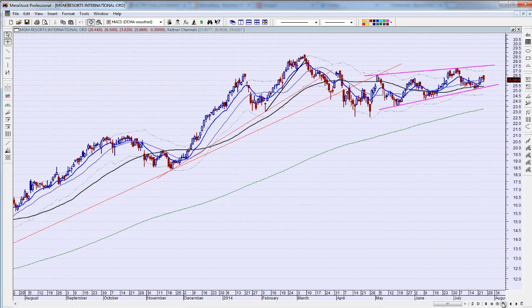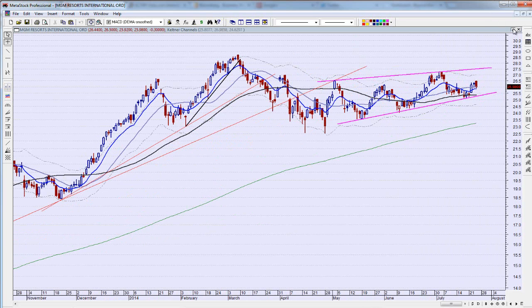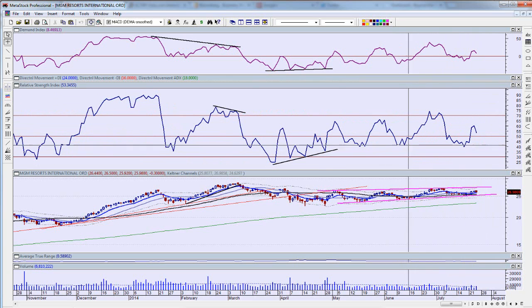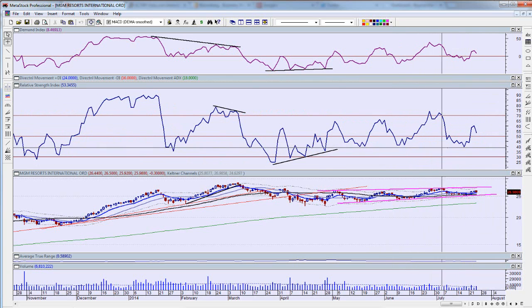Let's take a look at the indicators to see if they're giving us any better picture. They're really not. The RSI, this is the 10-day RSI, you could almost draw a line across the bottom of these lows in here, and if it breaks it, it's going to be a signal it's breaking down.